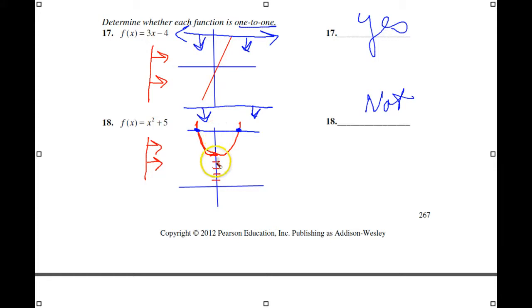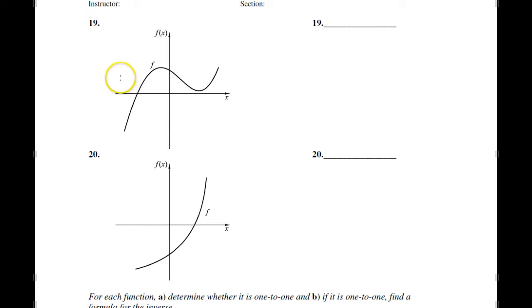This one would not have an inverse. Does this one pass the horizontal line test? No. So this is not one-to-one. How about this one? Yes, it does pass the horizontal line test. So this is one-to-one.